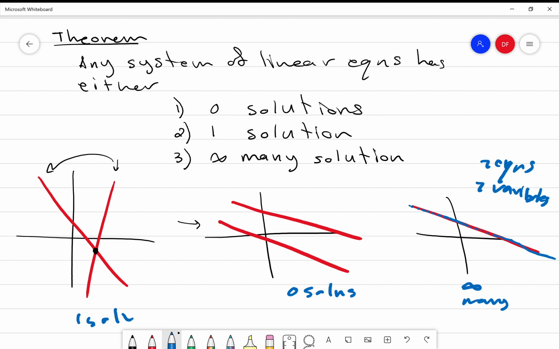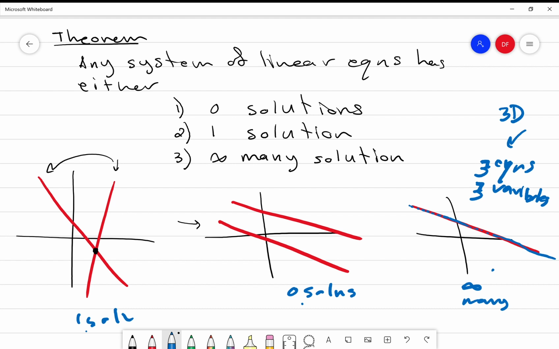Okay? We will see an example of what it means geometrically to have infinitely many solutions or zero solutions or one solution for a 3D example where we have three equations and three variables. We'll see an example of that a little bit later.